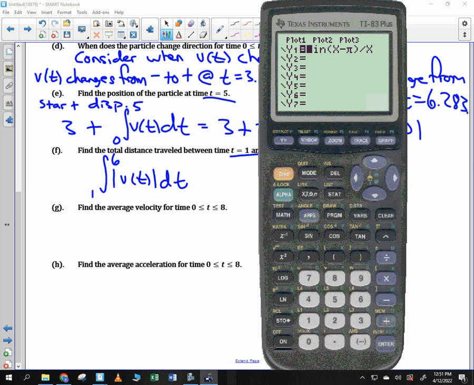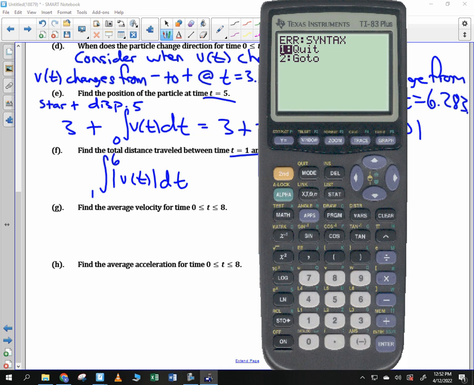I go into my y equals, and whoop, I just deleted that, my bad. So I'll go to my catalog, absolute value, and I've got sine of x minus pi. I divide that by x. I've got to close my parenthesis for the absolute value, I believe. I made an error here. It looks like I've got an extra parenthesis on that.